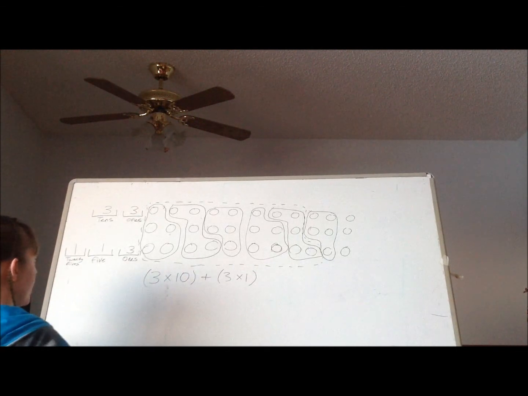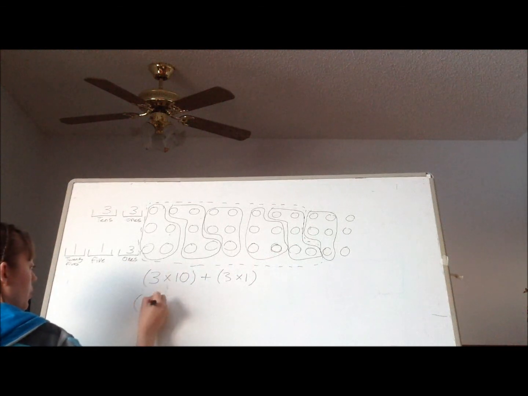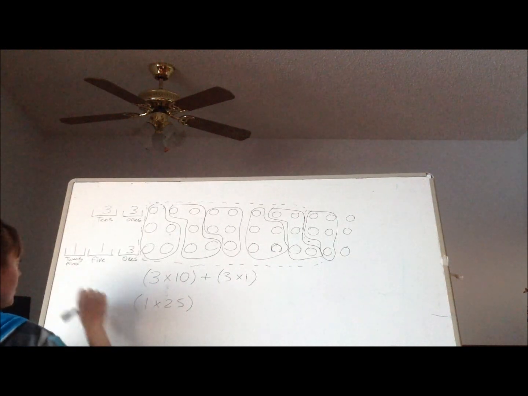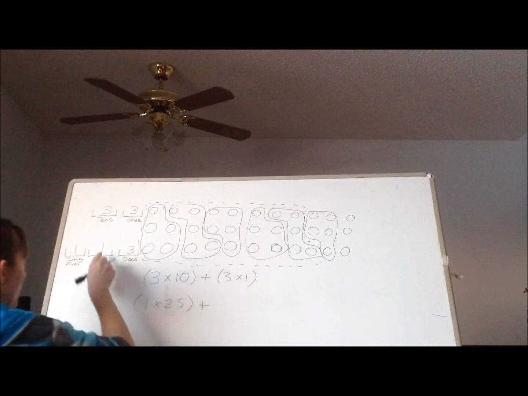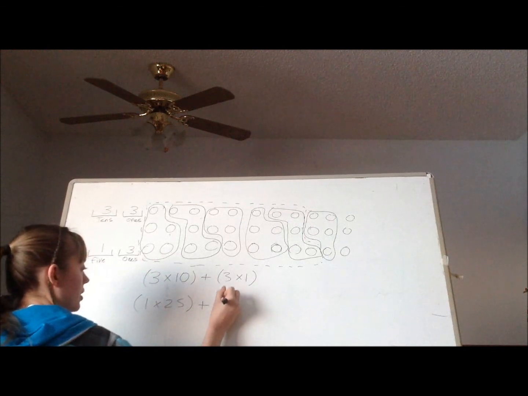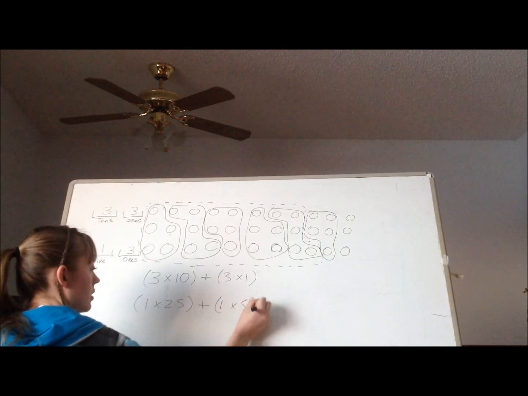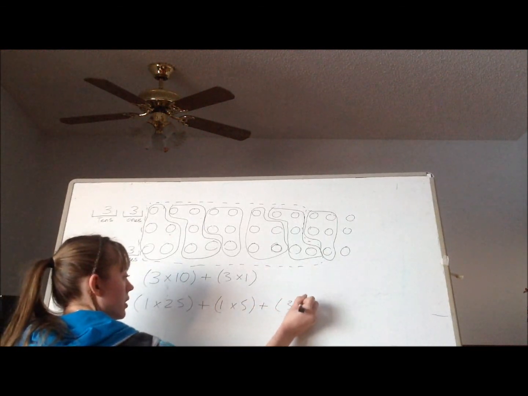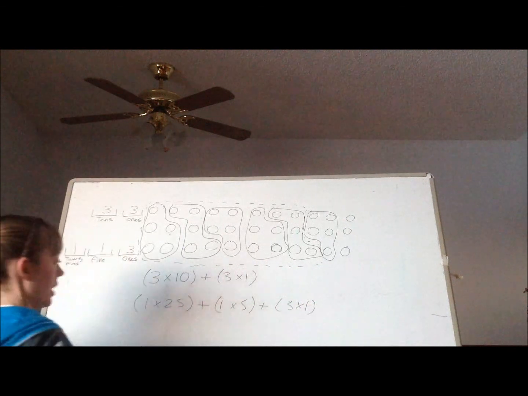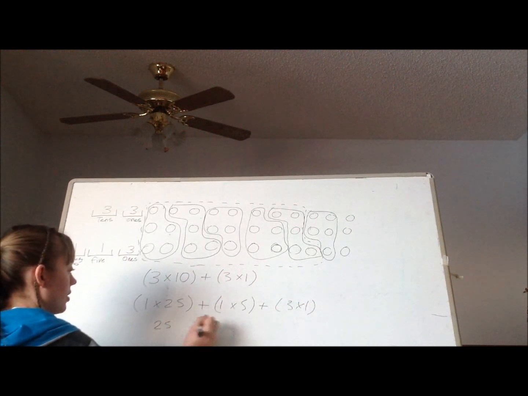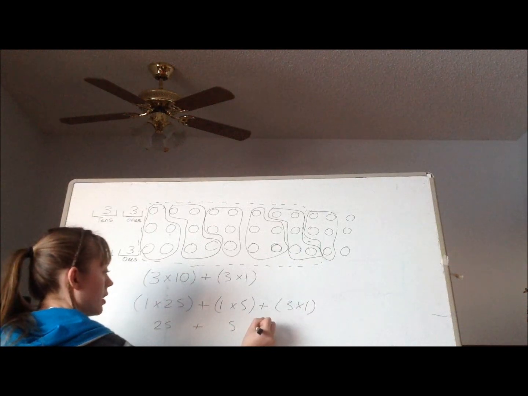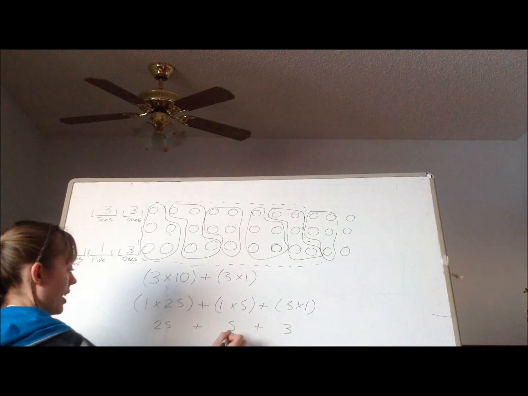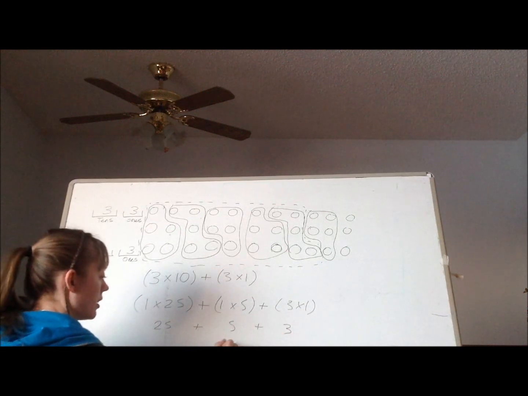So we would say 1 times 25 for the group of 25s, plus 1 times 5, plus 3 times 1. Now if we add that all up, we'd have 25 plus 5 plus 3. What is that up to? 25 plus 5 is 30, and 30 plus 3 is 33.